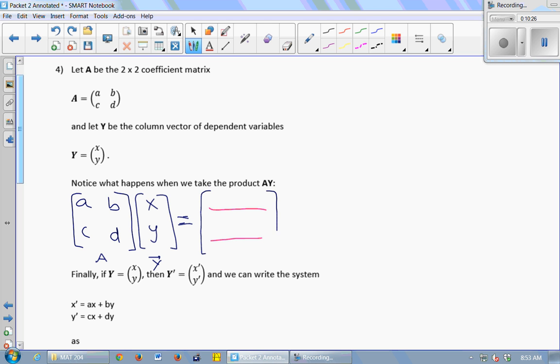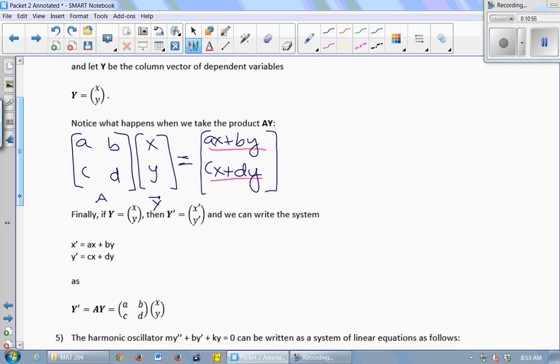You can sort of put in spaces for where the answers go. We take the dot product of AB and XY, and you get AX plus BY. And then take the dot product of CD with XY, and you get CX plus DY. That is the right-hand side of our linear system.